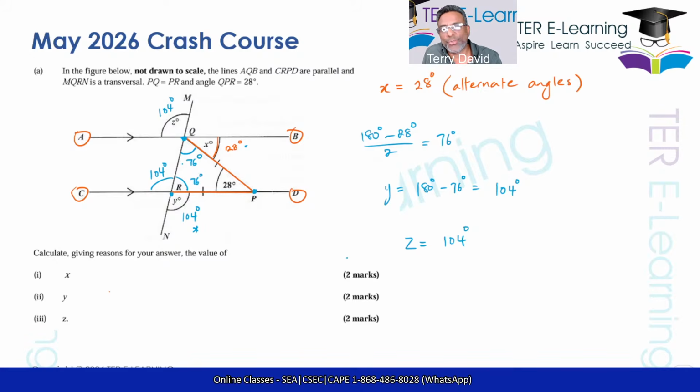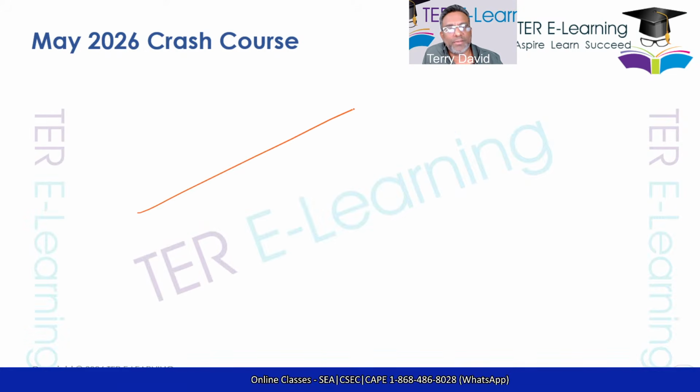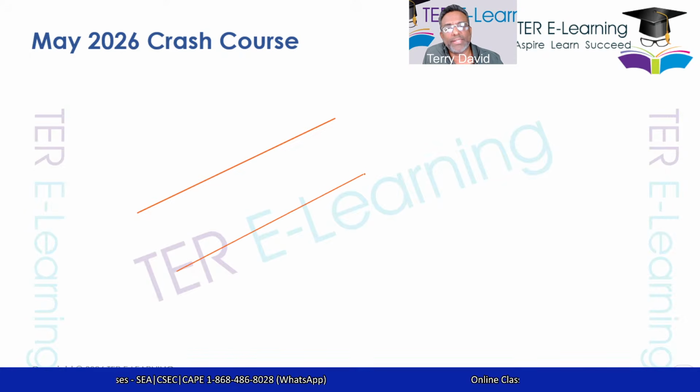Now let me show you a few things that you need to be aware of when it comes to parallel lines. If I have a line here and a second line here, and these two lines are parallel, meaning that if I extend them to infinity, they are not going to intersect, then we draw a transversal line here.